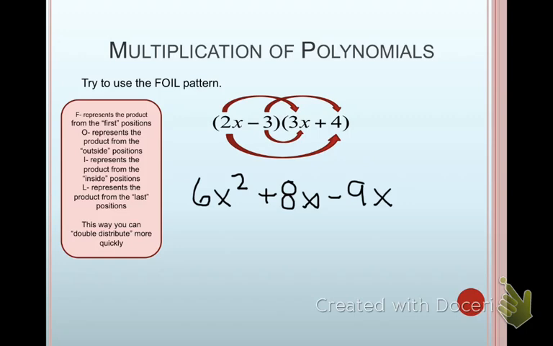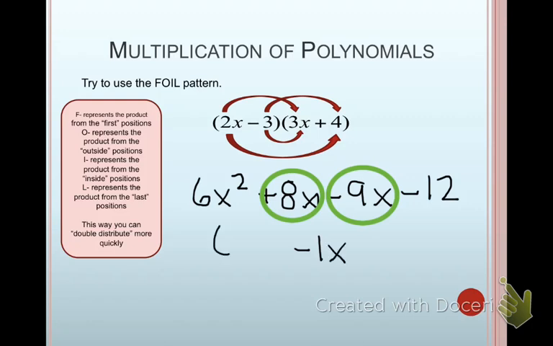And our last would be negative 3 times 4, which gives us negative 12. Combine those two middle terms, that OI, and we would get minus 1x. And so we get 6x squared minus 1x minus 12. Now remember, technically we don't have to write that 1 there, so we could just write 6x squared minus x minus 12.